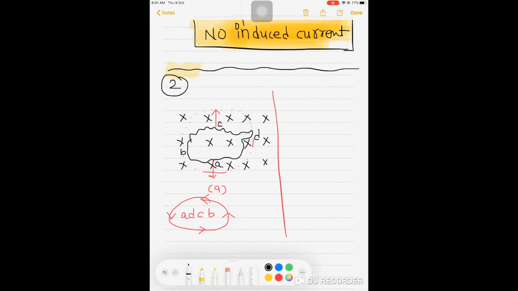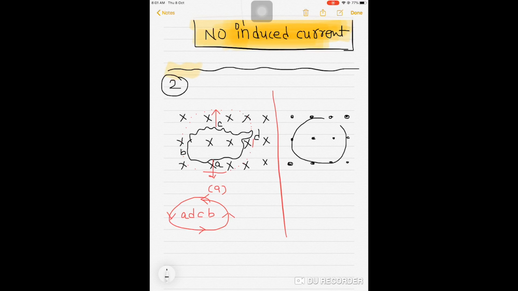In the next figure 2, the magnetic field is again uniform, but it is coming outside from the plane. We consider here another interesting thing: we are provided a circular coil.